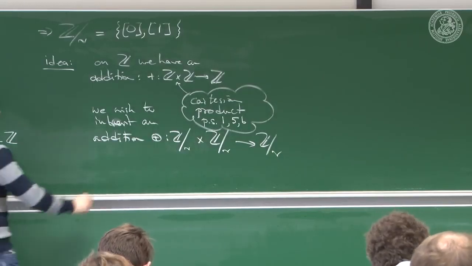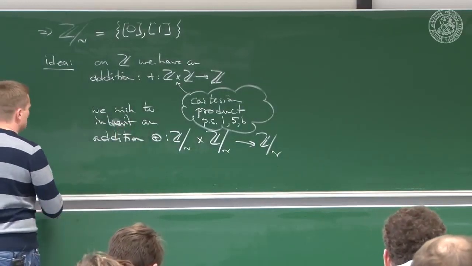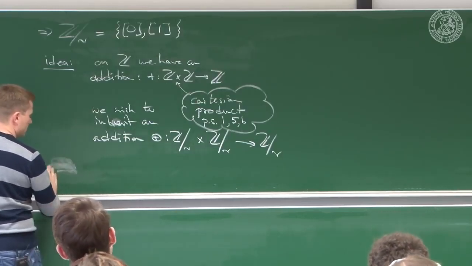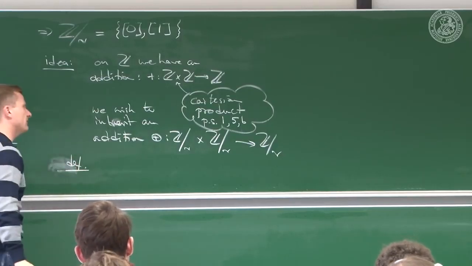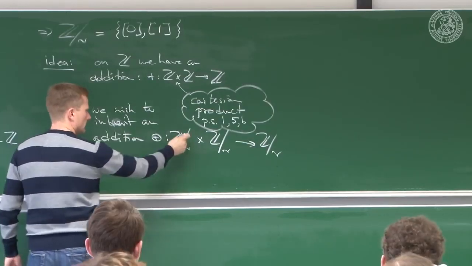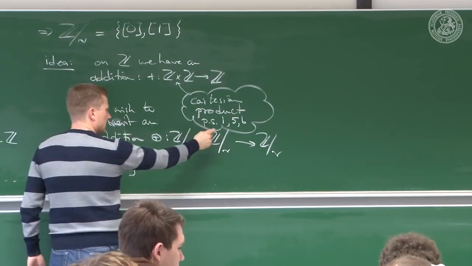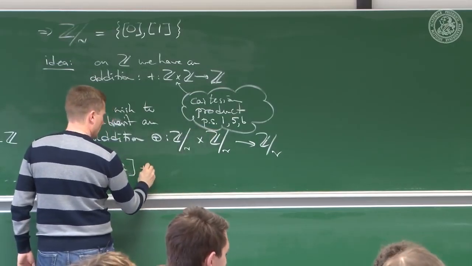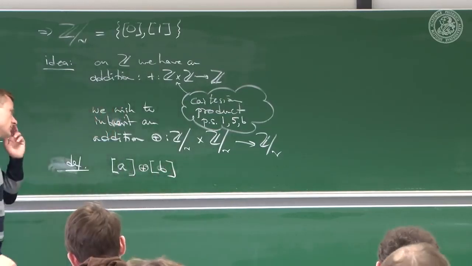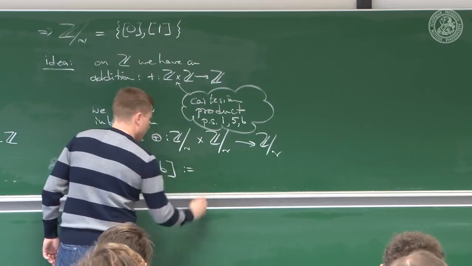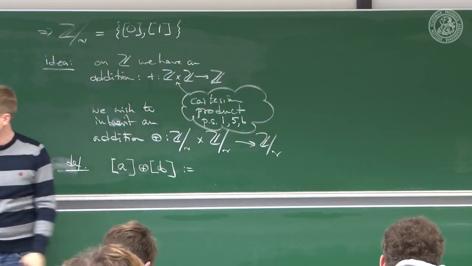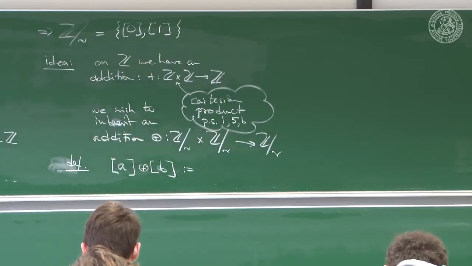We wish to inherit such an addition from there, and we could come up with a tentative definition: I take an equivalence class, an element from here, I take another element from here, and I add them, because that's exactly what this addition is supposed to do. And I have to specify how this works, and I want to define this in terms of the addition on Z. That's what I mean by inheriting it.